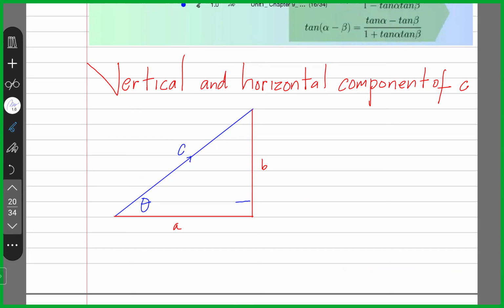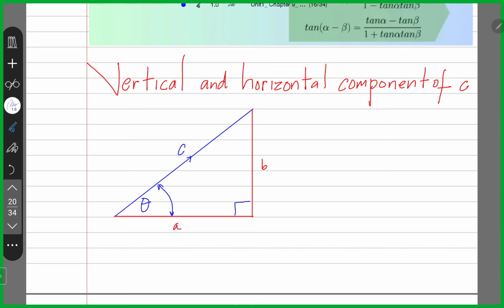B is the vertical component, and A is the horizontal component. C makes an angle of theta with the horizontal.